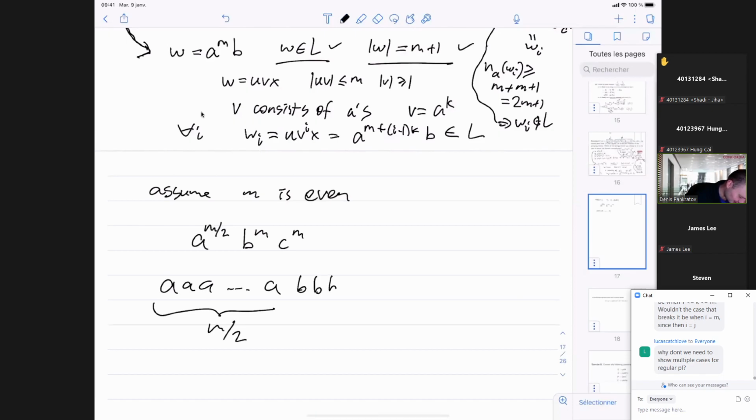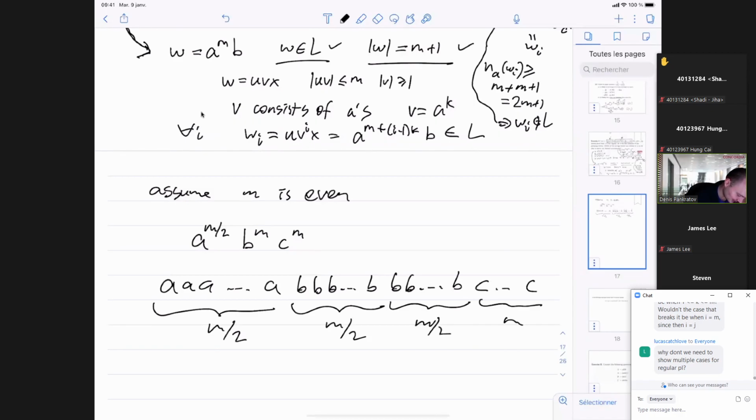Then you have B, that repeats M over 2 times. Then you have more B's because the total number of B's needs to be M. And then you have C's like this.